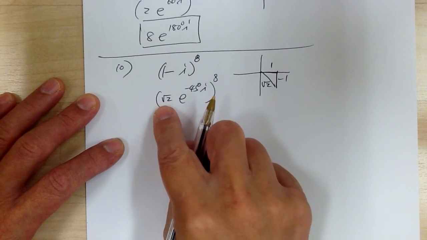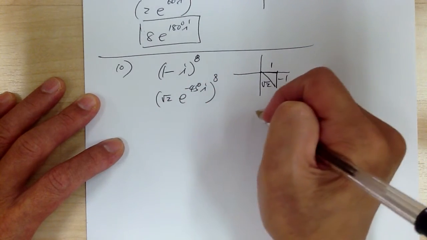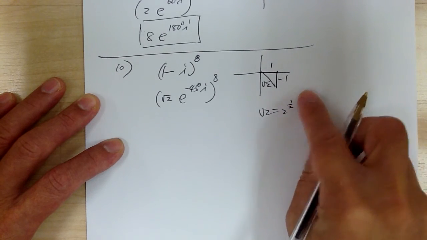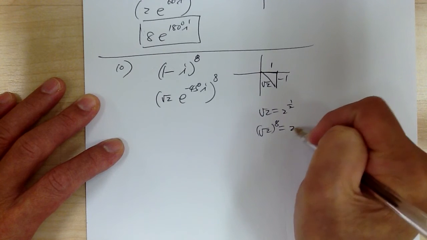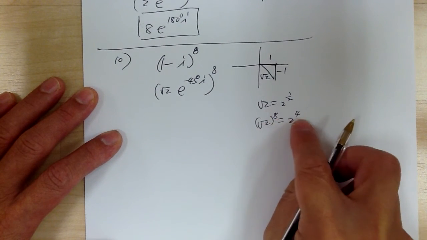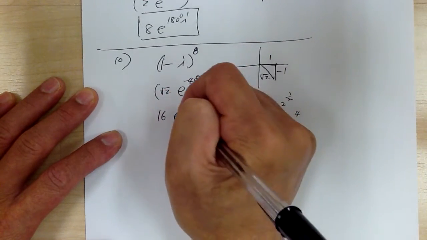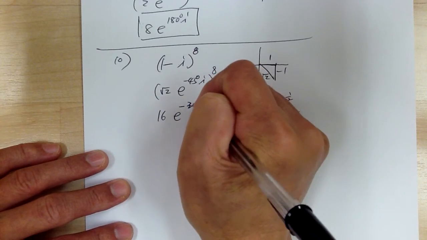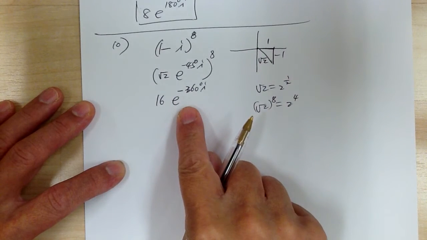Square root of 2 is equal to 2 to the 1/2 power. And when you raise it to the 8th power, this will equal 2 to the 4, which gives you 16. And when you multiply this out, you get negative 360 degrees i.